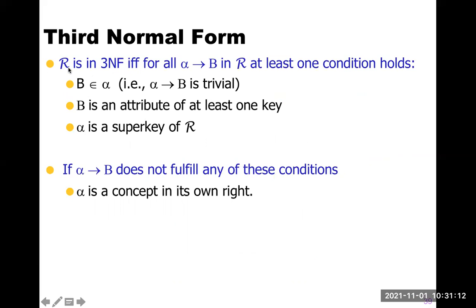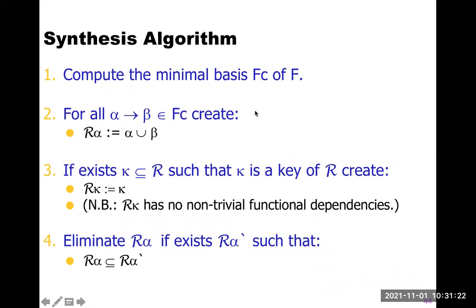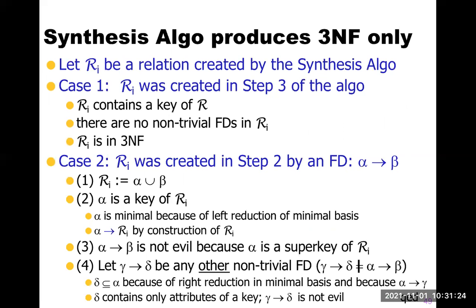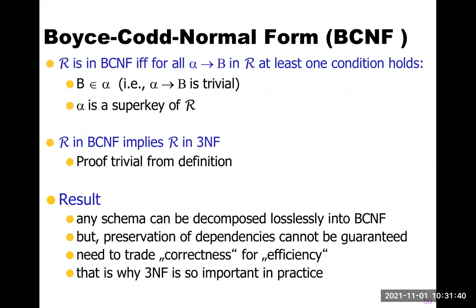A table is in third normal form if one of the possible conditions holds: the right part is an attribute of a key. Here delta contains only attributes of a key, so it's part of a key, and no functional dependency can violate third normal form of this kind. So everything that the synthesis algorithm produces is only third normal form relations.